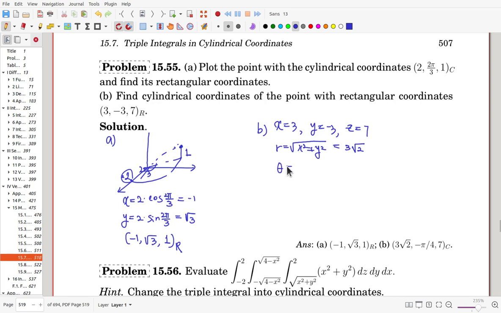And theta is the arctangent of y over x, where y is -3 and x is 3. That is -1, which means the angle is minus pi over 4. So the point is: r is 3 square root of 2, theta is minus pi over 4, and z must be the same, 7. Those are the cylindrical coordinates.